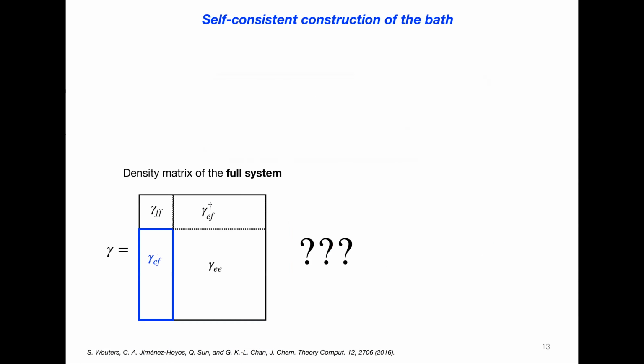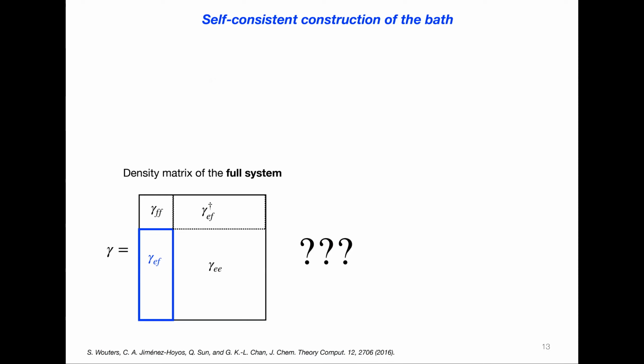So the obvious question is, okay, you get the quantum bath from the density matrix of the full system, but what is that density matrix? In fact, there is not an automatic construction of the bath. And so usually this has to be done self-consistently, because you need to start with some density matrix for the full system, gamma, that you will then optimize.